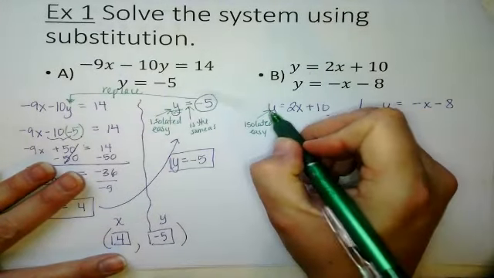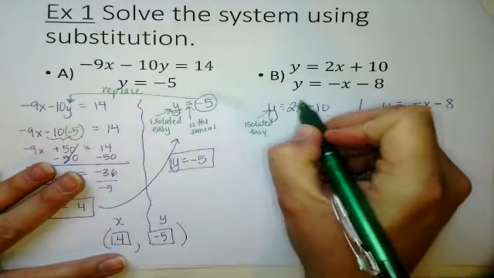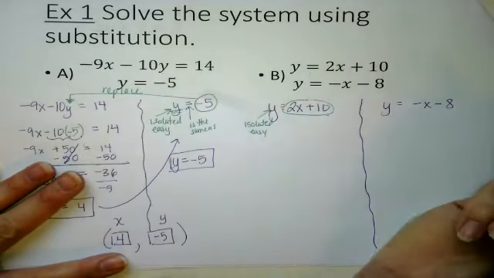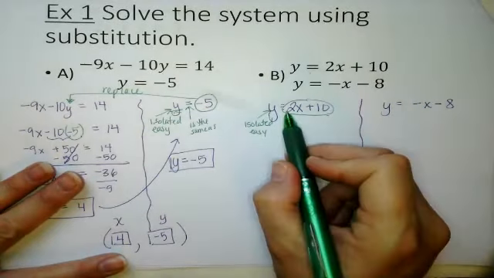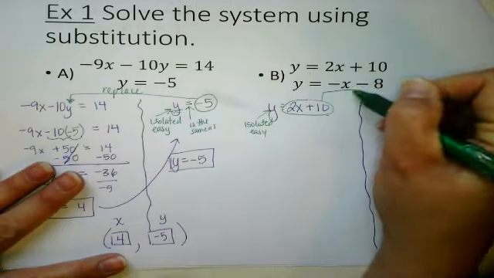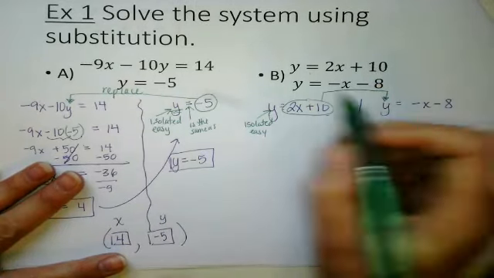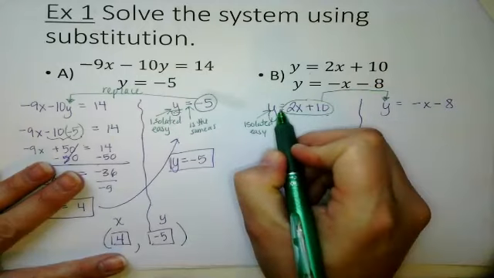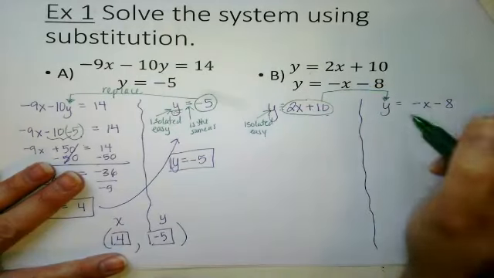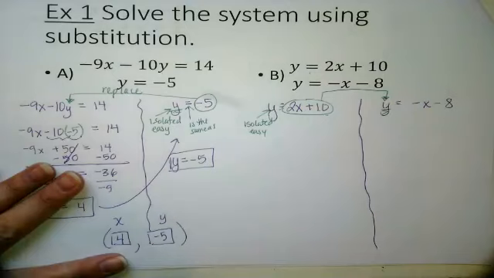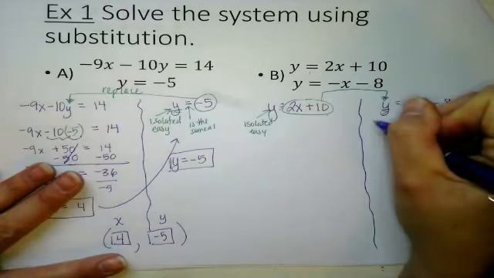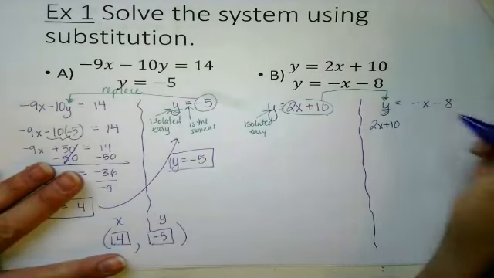So it says that y is the same as all of this stuff. We're going to substitute into the other equation in place of y, because 2x plus 10 is the same as the y. So we're going to replace the y with 2x plus 10.